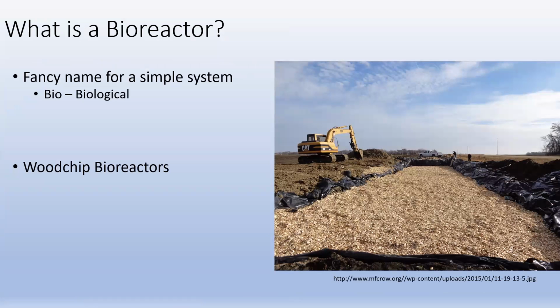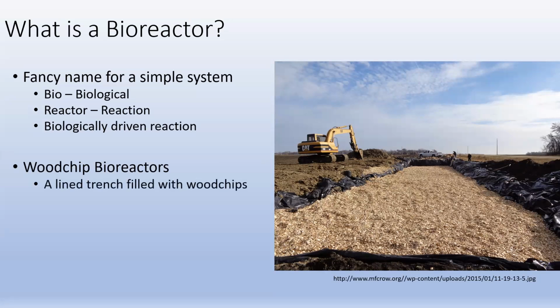If you break down the etymology of the word, bio, short for biological, naturally, reactor, short for reaction. So really, it's just a biologically driven reaction. A wood chip bioreactor now is a lined trench that you often see, and that is filled with wood chips.